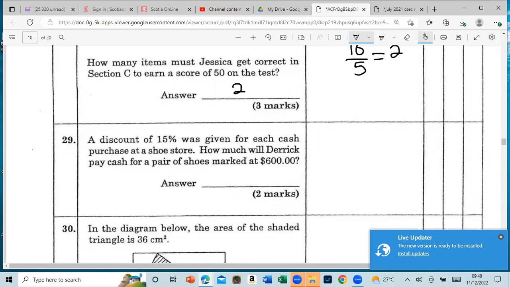All right, Jalen has his hand up. Go ahead, Jalen. Shed some light on it for us. So I put 15 over 100, then multiply it by 600 over 1. Then I cross multiply, which is cross divide.